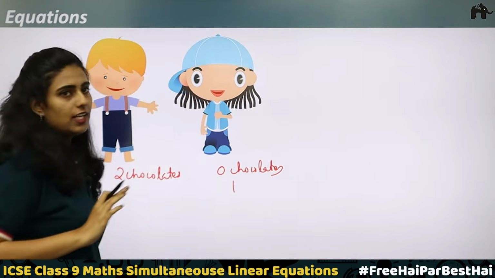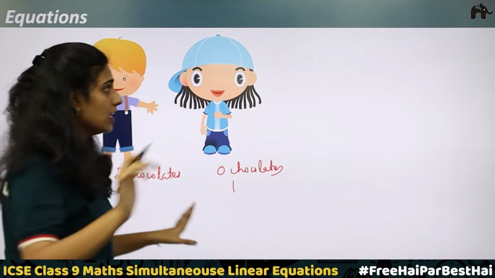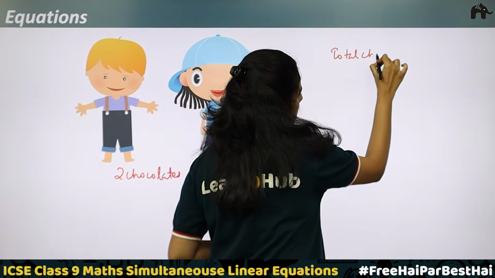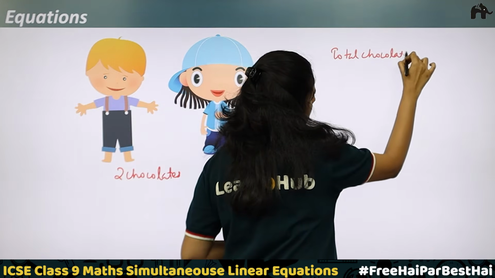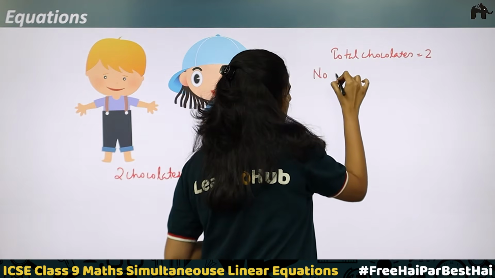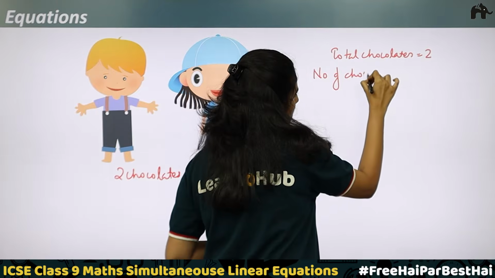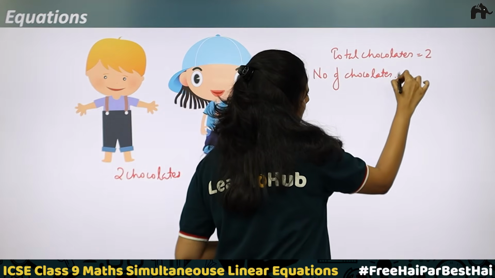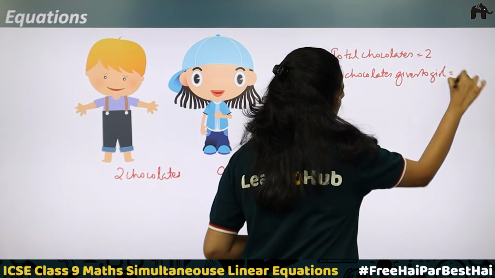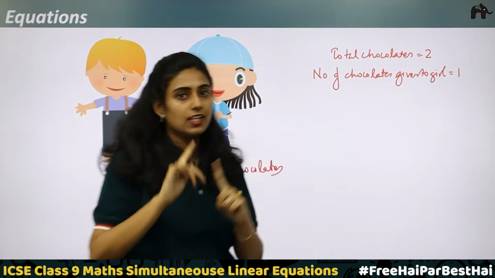Remaining, how many chocolates does he have? So, total number of chocolates was 2. Total chocolates is equal to 2. Number of chocolates given to girl is equal to 1. Then how many chocolates are remaining?